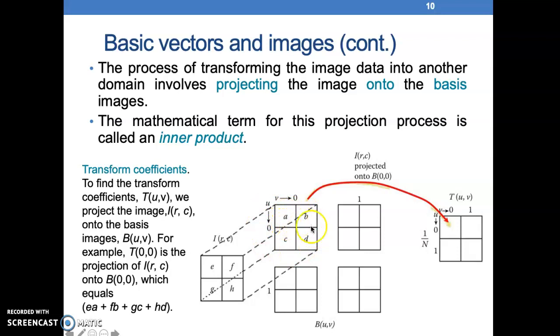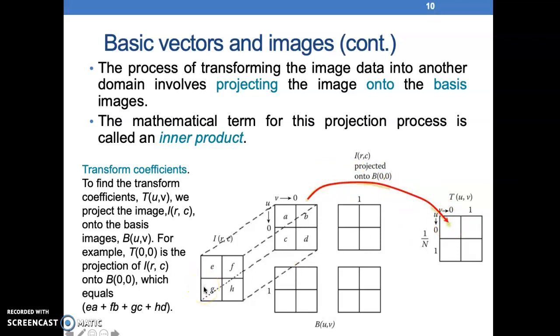You will have 4 basis images: this is 0,0, this is 0,1, this is 1,0, this is 1,1. You inner product I(r,c) with the basis of 0,0, and the output will be T00.